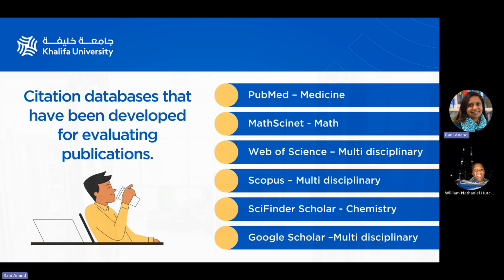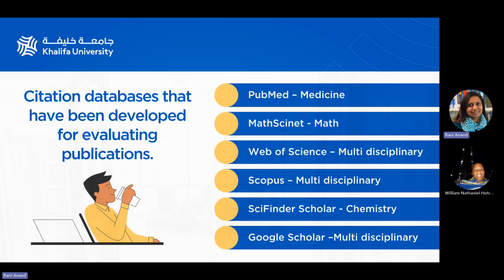So many things can be analyzed through the citation databases. Many research metrics are available, and citation databases are very important to make a journal or a researcher visible.